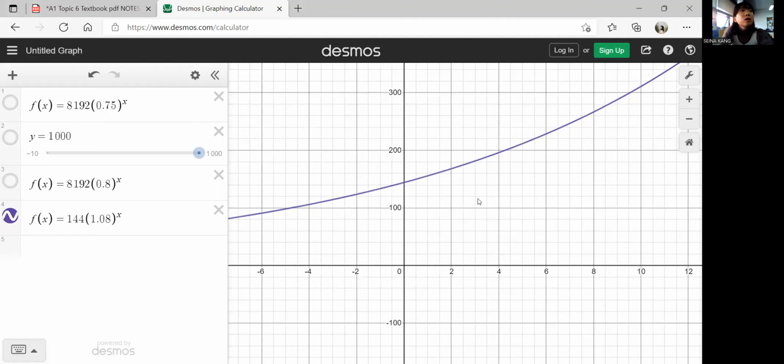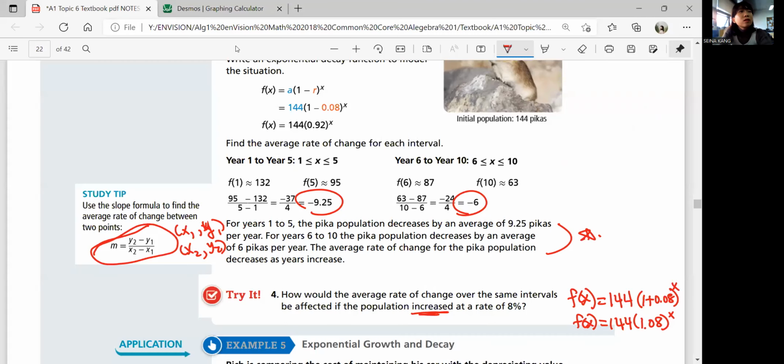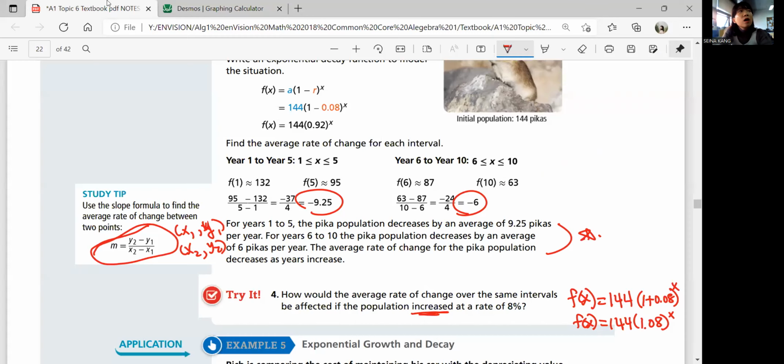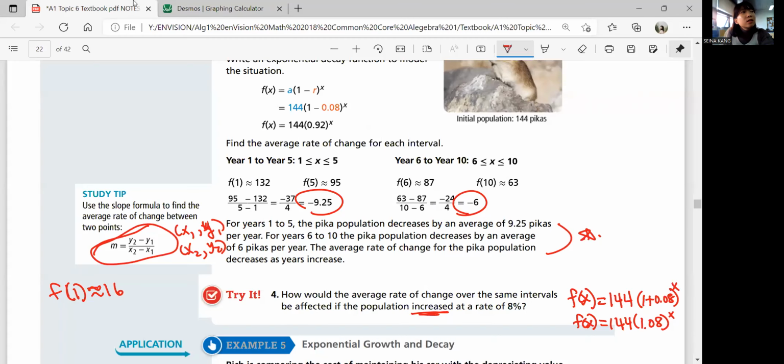There you go. And then we have the population. And what do we want? So let's look at year 1. Year 1 is about 156 picas. So f of 1 is about 156.